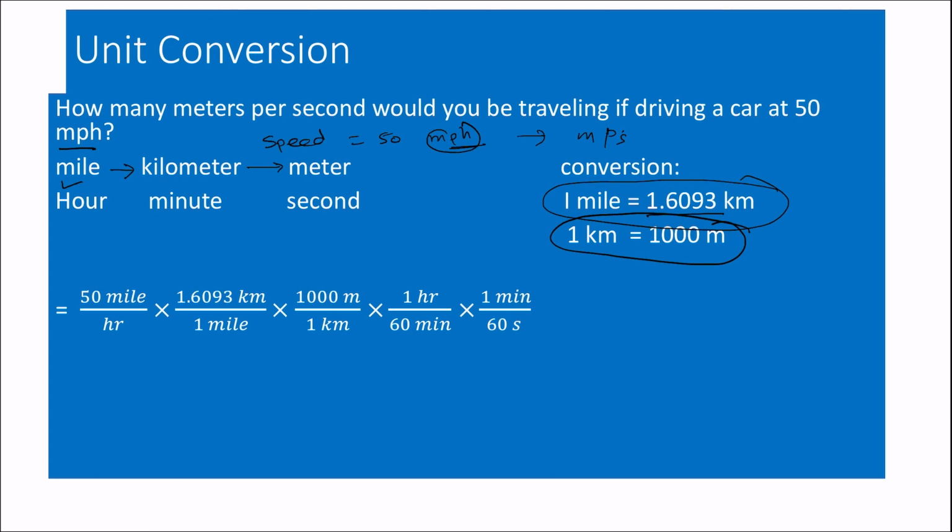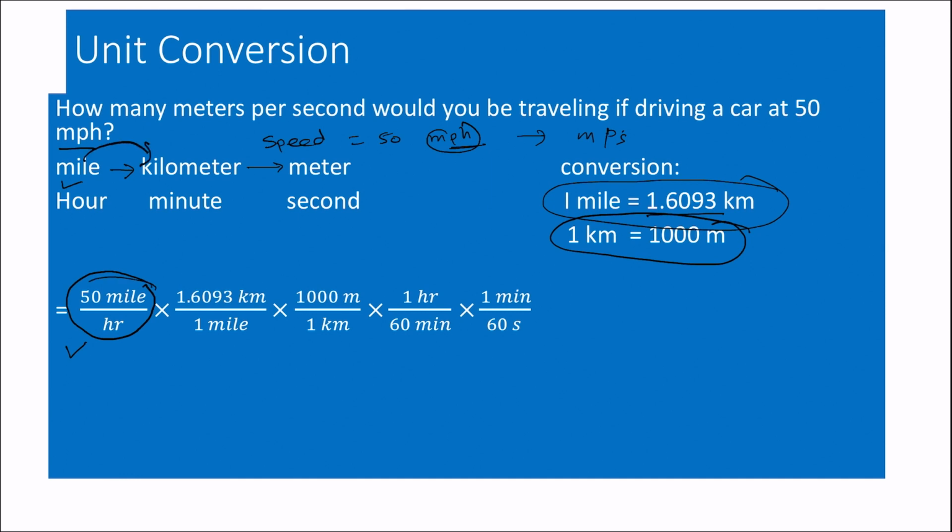Then, 50 miles per hour, this is the 50 miles per hour. We need to convert this into meters per second. So first we need to convert the miles into kilometers.